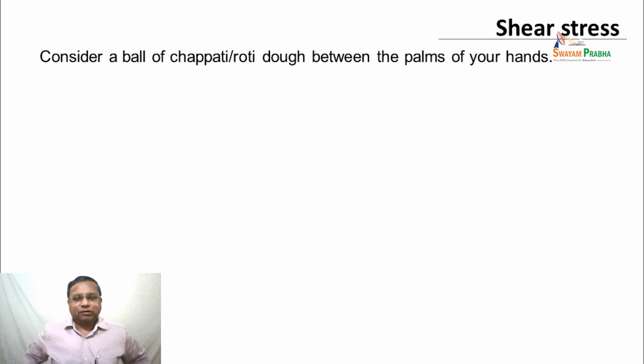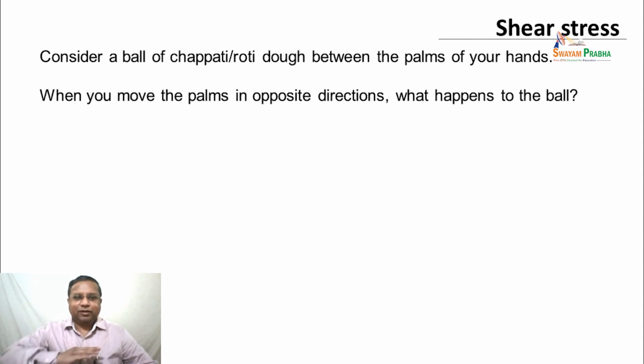Let us understand shear stress this way. Let us take a ball of chapati dough, roti dough, and place that dough ball between the palms of your hands, something like this. And then when we slightly press and move the palms in opposite directions, what happens to the ball?